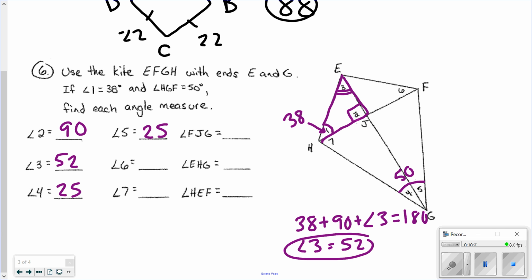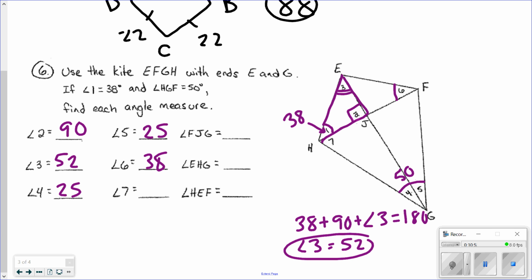Next, let's look at angle 6. Angle 6 is right here, and it's going to be the same measure as angle 1 because they're across from each other, and we know that angle H and angle F are the same measure because this is a kite. So if angle 1 is 38, angle 6 is also 38.